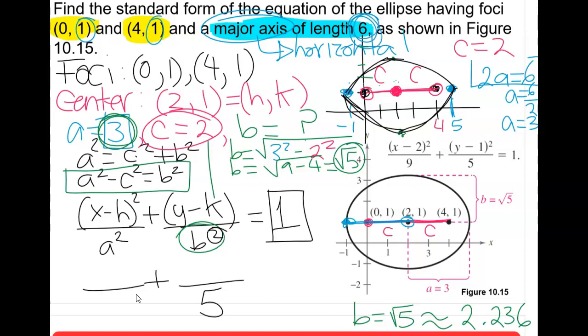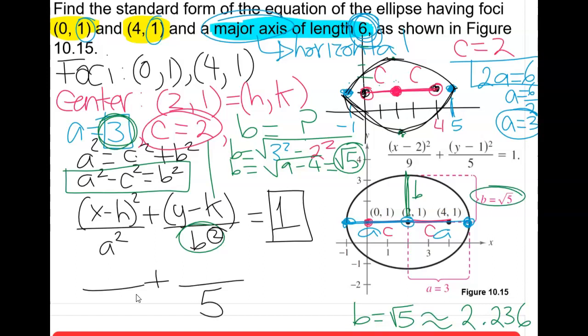So 2a, that's the total length, is equal to 6. We solved for a, and we found that it was 3. Same goes here. From the center to the vertex is equal to 3. And then we had to find b, and that was right here, b, and that was the square root of 5.